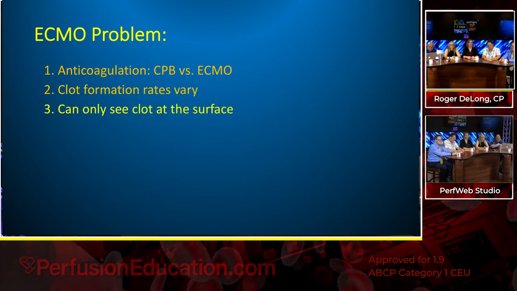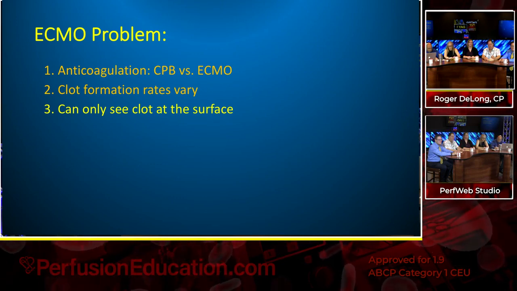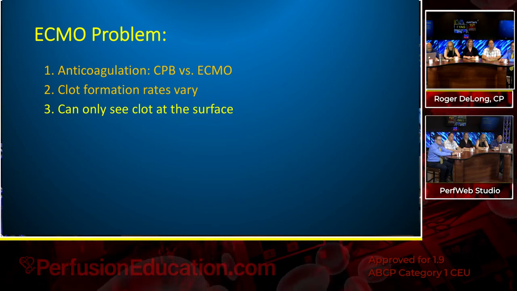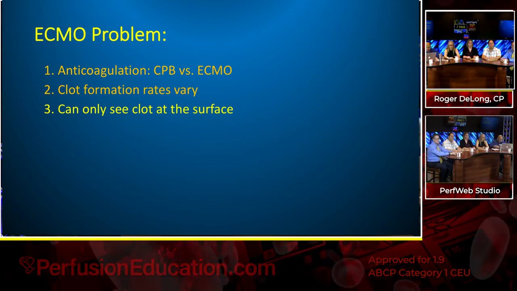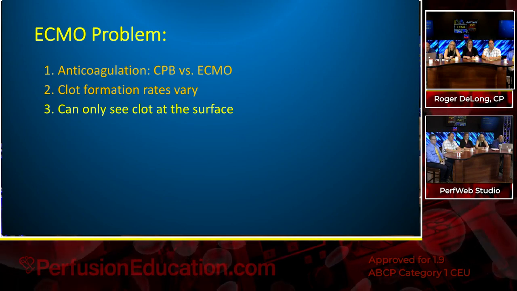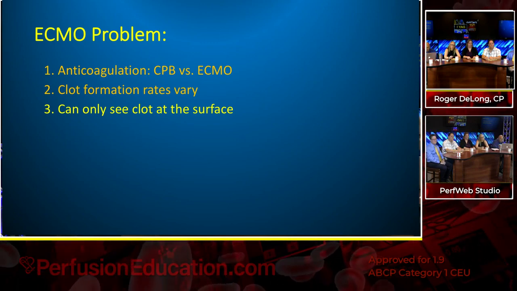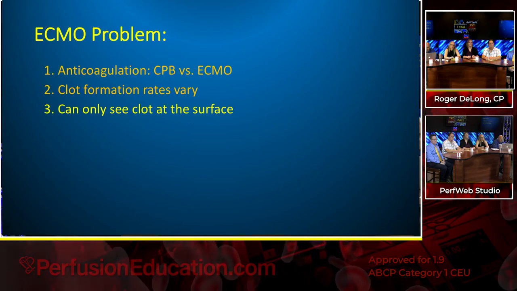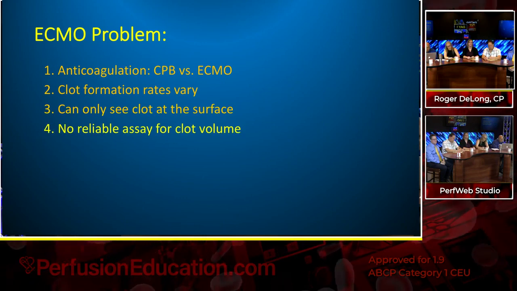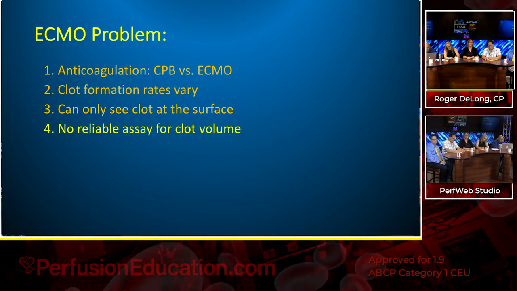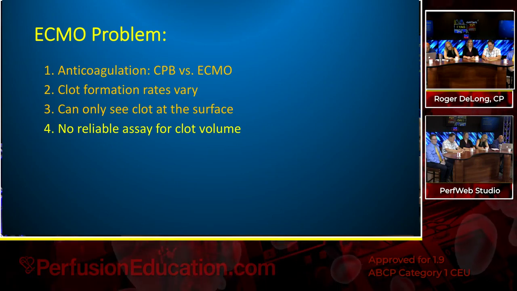Next. Additionally, you can only see clot within a few millimeters of the plastic, and even then, only if it's a different color. You can't tell if there's any inside the fibers, and you can't even really see large ones if they're under the plastic and the color is the same. Next. So there's really no reliable assay available that we can say, okay, that's enough clot, we need to do something.